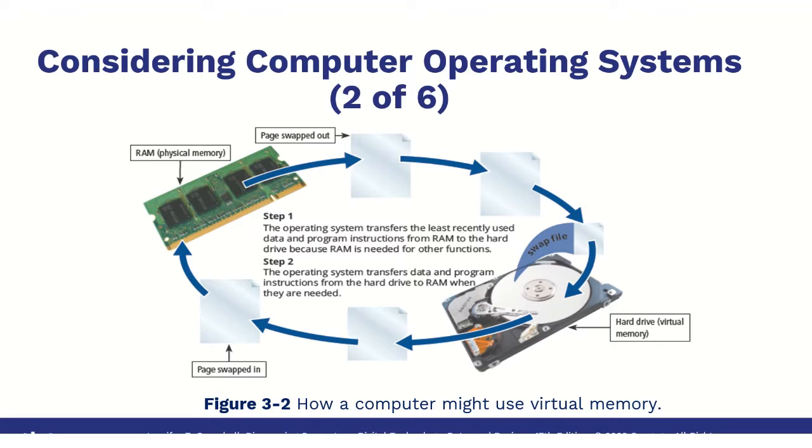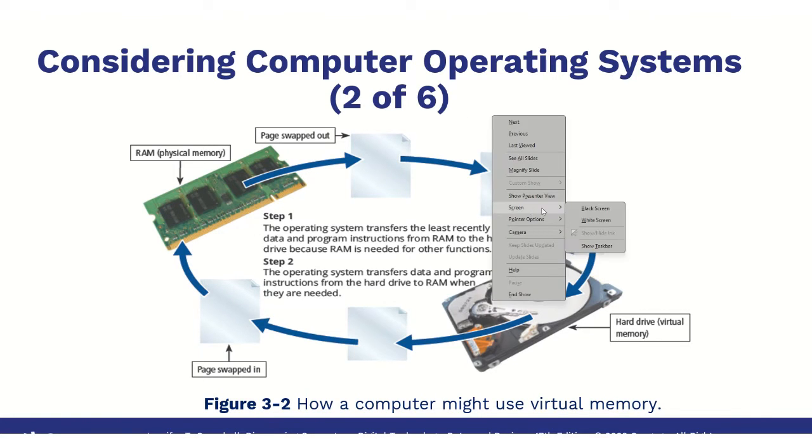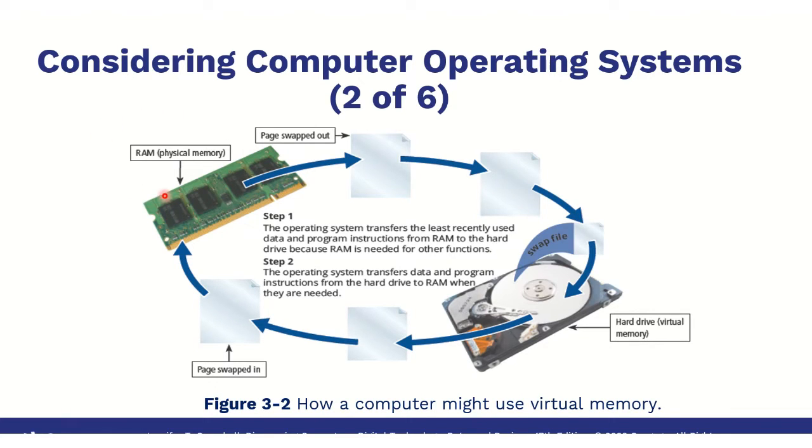RAM is stored on one or more chips connected to the main circuit board of the computer, which you call the motherboard. Temporarily, it stores data needed by the operating system and apps you use. In this picture, you can see the RAM here. This is your RAM.